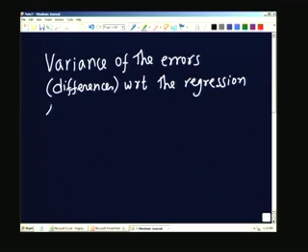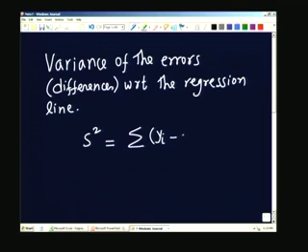It is a very interesting thing to do. Let us call that S squared, the variance of those things. This will be nothing but sigma of y I minus y fit whole squared divided by n.